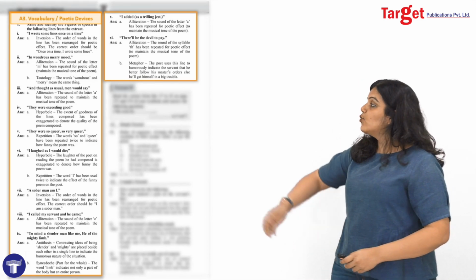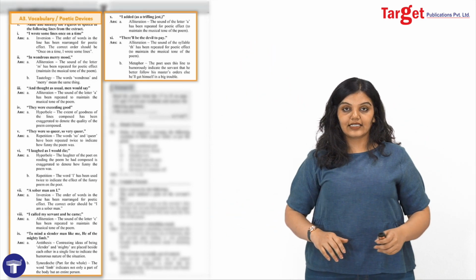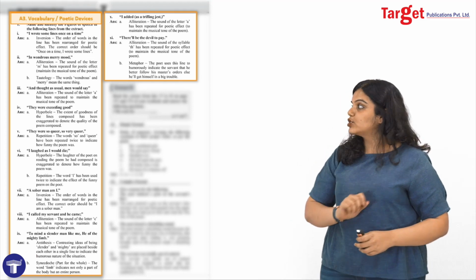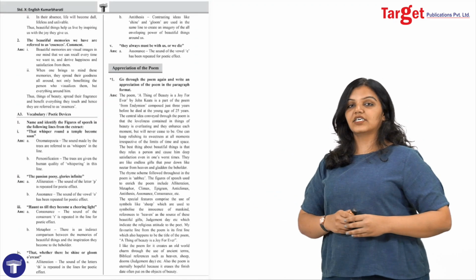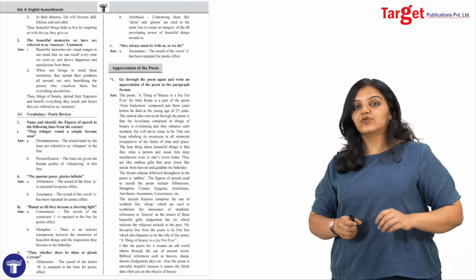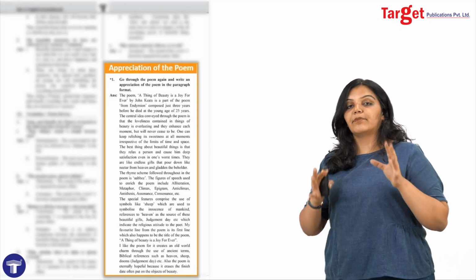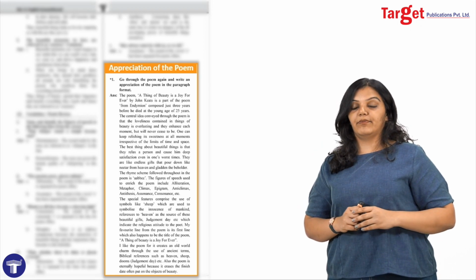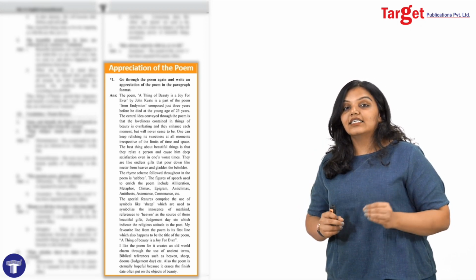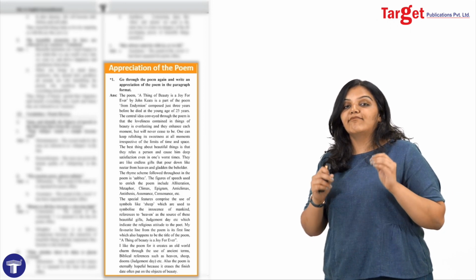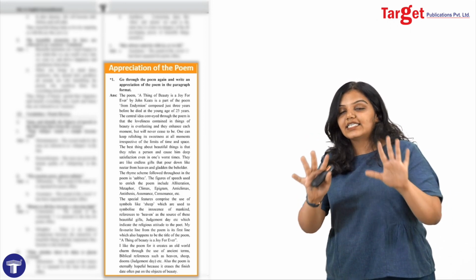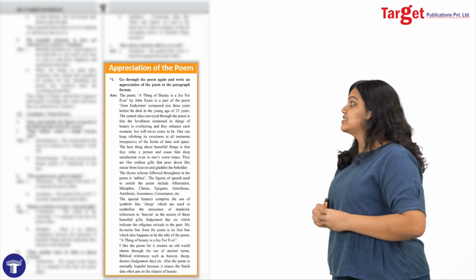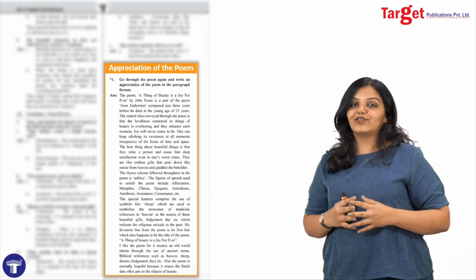As you can see, you have been provided with ample practice to help you gain the maximum out of this poetry section. And we have also provided you with the appreciation in paragraph format for each and every single poem in the book. This is done especially so you can take maximum advantage of those 10 marks that are easy to obtain with the help of these appreciations given to you in our notes.